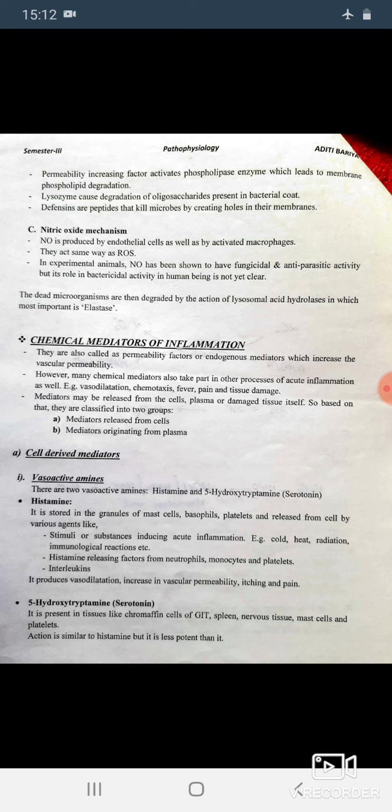We'll again summarize in brief. Phagocytosis includes three steps. First, the recognition and attachment stage. Recognition is by the process of opsonization, and through that opsonization there are receptors present on the neutrophils and macrophages, and through that they bind with these cells. That is the first stage. Second, the engulfment stage.